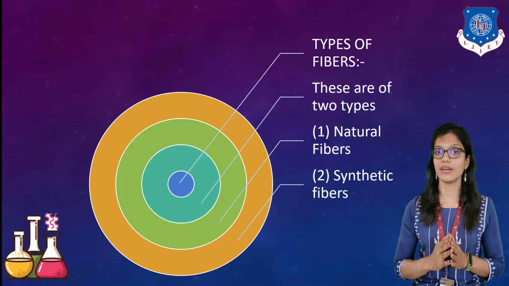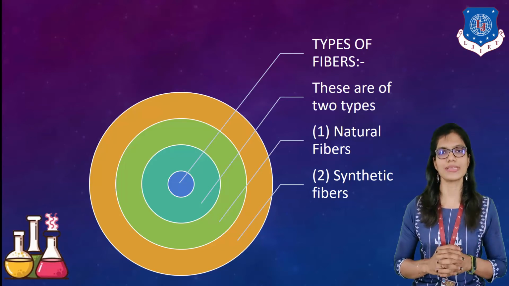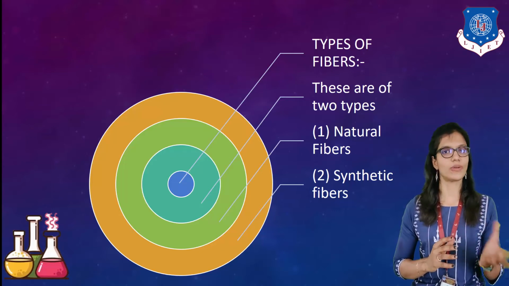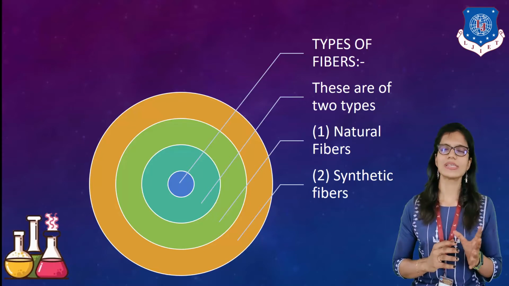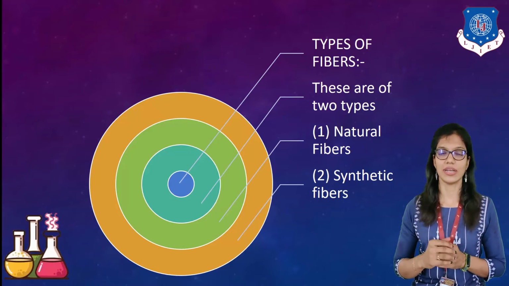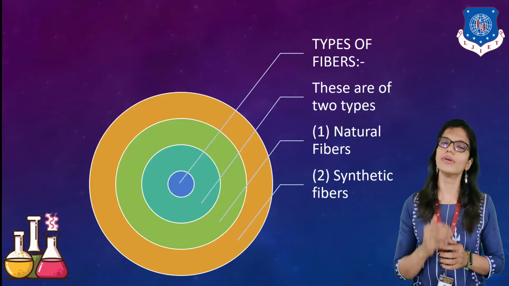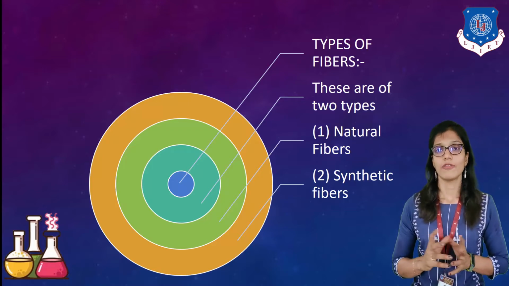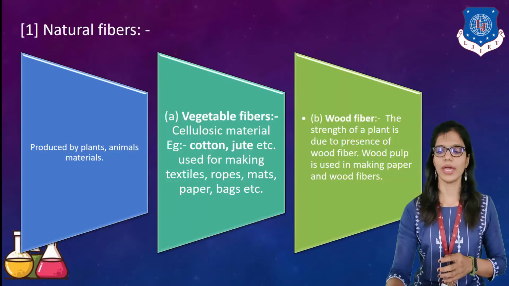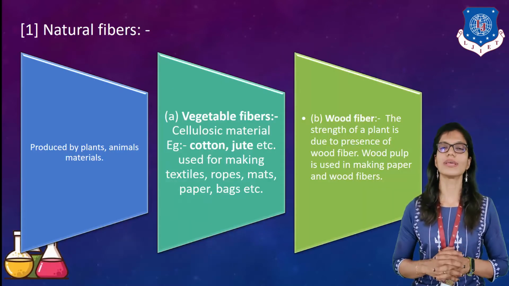As we have seen in earlier sessions, the natural one is obtained naturally, while the synthetic one is obtained synthetically. That means they are manufactured by human beings for different purposes. Okay? So let's take a look at them one by one in detail.